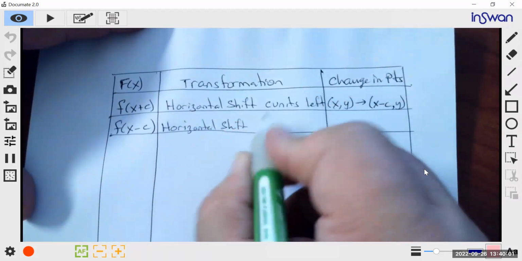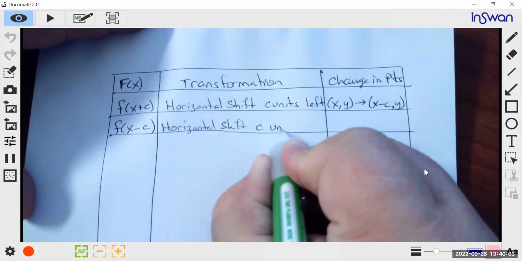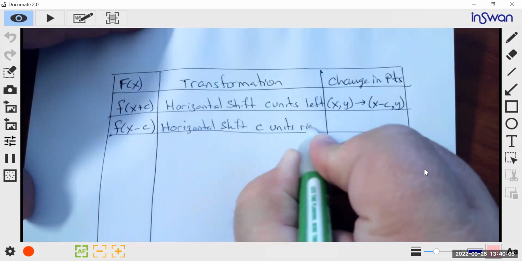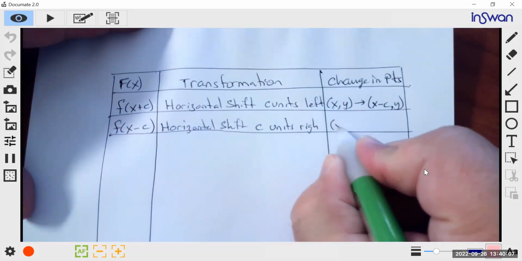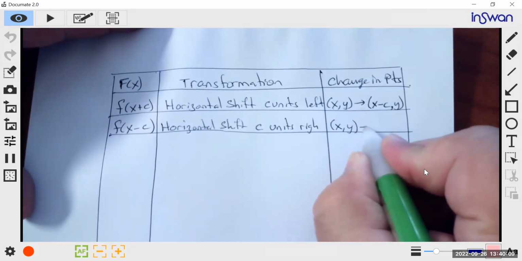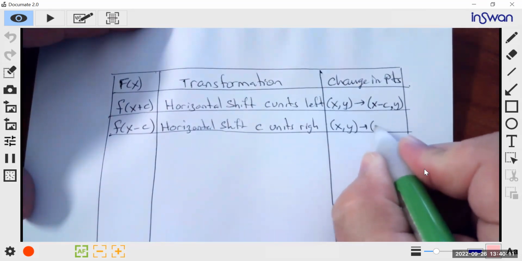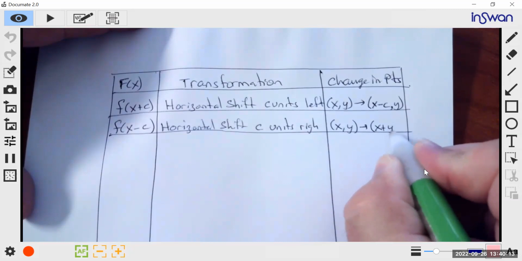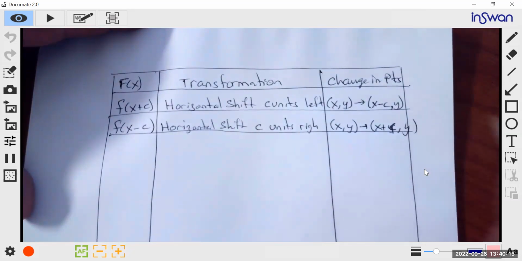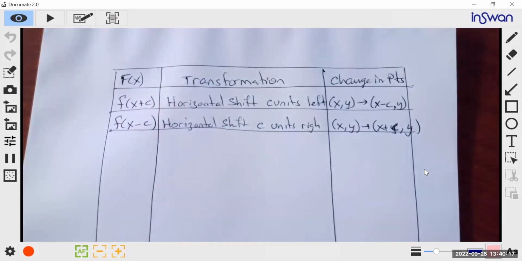Right, correct. C units right. So it starts off at x, y. It now shifts to x plus c, y. Because whatever my original point was, this is 0, 0, I now shifted it to the right, c units.